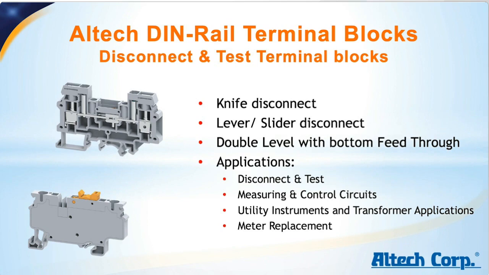There are very many different kinds of disconnect and test terminal blocks. They usually differentiate in how they are disconnected. There are knife or blade disconnects, which you can see here at the bottom, but then there are also versions which have a slider in the middle to open and close the circuit, or there are lever versions as well.